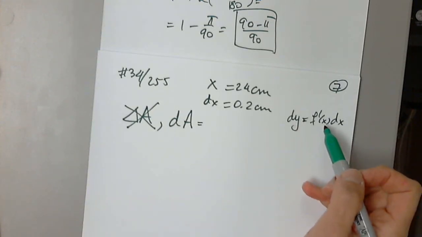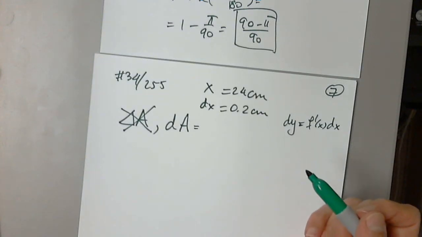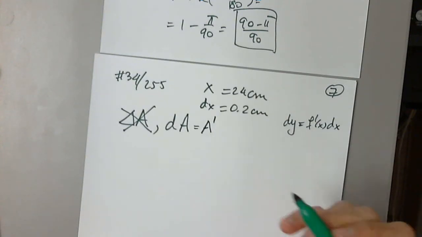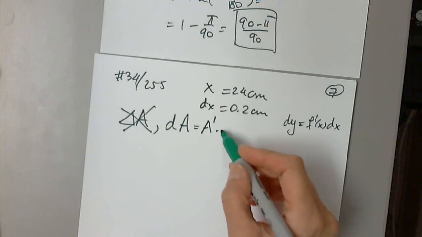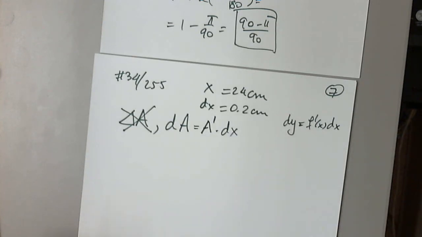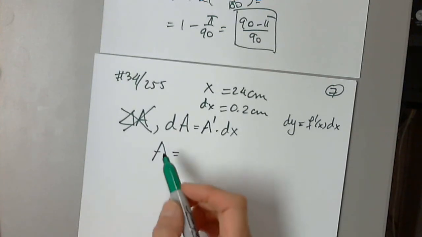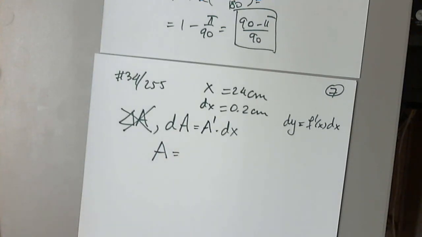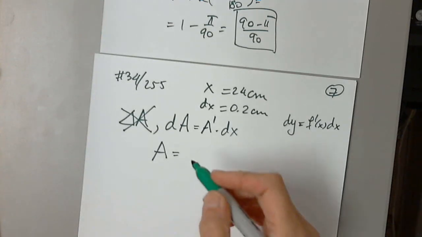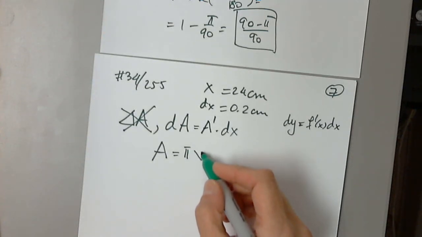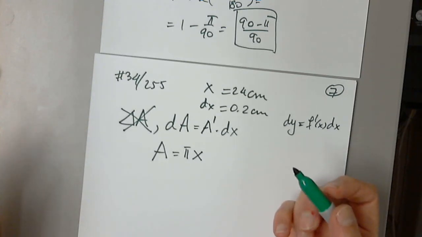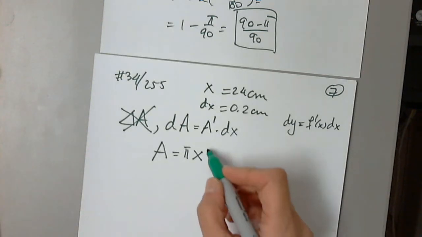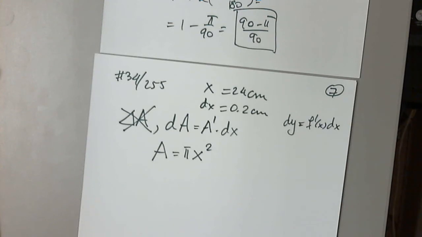So it's going to be the derivative of the area times dx. So let's write the area now of a circular disk. Pi, since we denoted the radius by x, then I have to use x. Good.